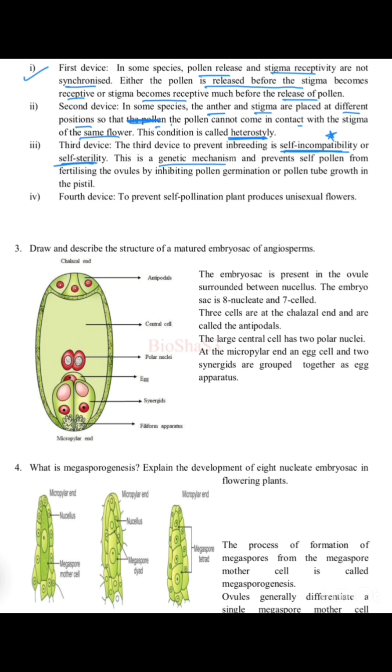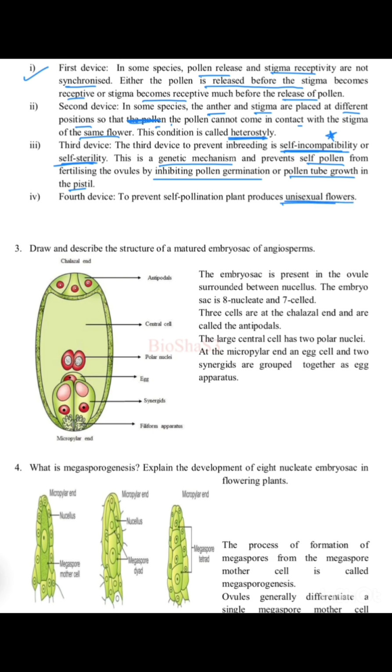This is the genetic mechanism and prevents self-pollen from fertilizing the ovules by inhibiting the pollen germination or pollen tube growth in the pistil. Fourth device is to produce unisexual flowers.